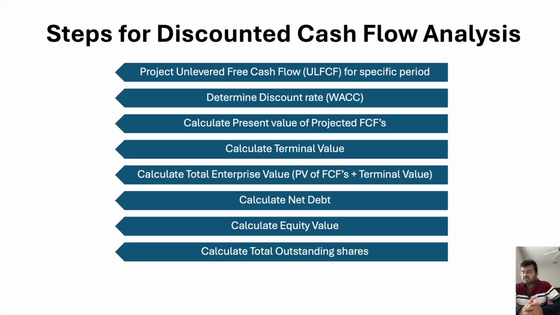The next one we will evaluate is the total outstanding shares. In simple words, we can get the outstanding shares from the most recent 10K or 10Q. Here, I specifically mention outstanding shares, or in very simple words, diluted shares. You can get the basic share count of a company by just visiting the cover page of the most recent 10K or 10Q.